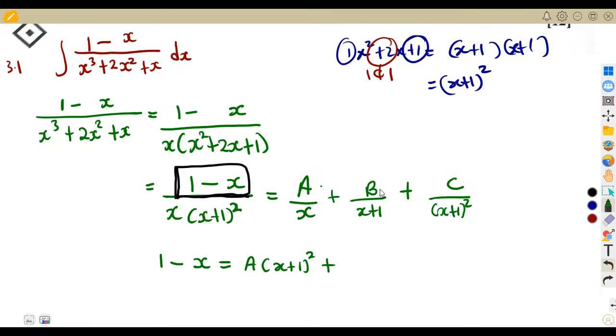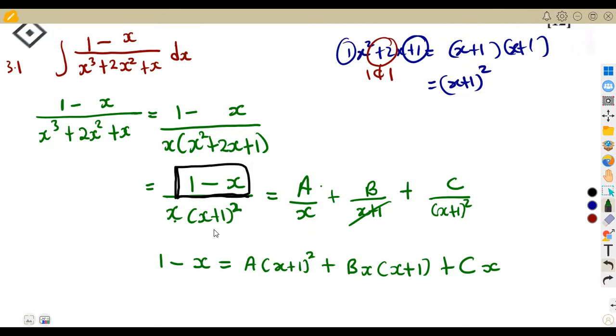Plus, we take the next term, B, x plus 1 into x plus 1 squared. We are going to remain with x plus 1, since there are 2 of them, we remain with 1. But there's an x also, so it's going to be Bx into x plus 1. Plus C in this case, x plus 1 squared and x plus 1 squared cancel totally. You remain with x. So this is going to be Cx. That is how you equate your numerators.